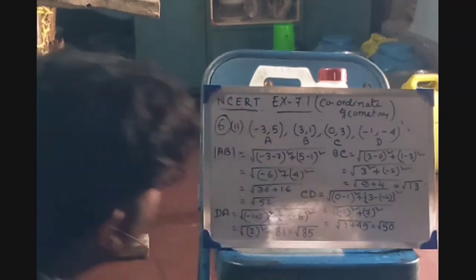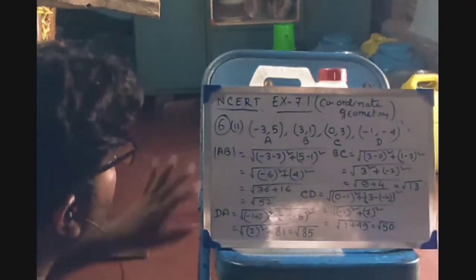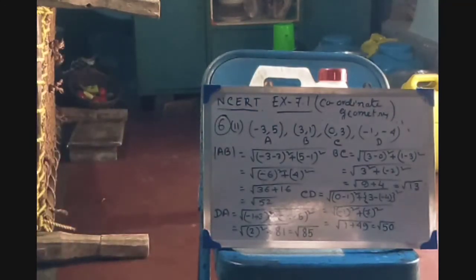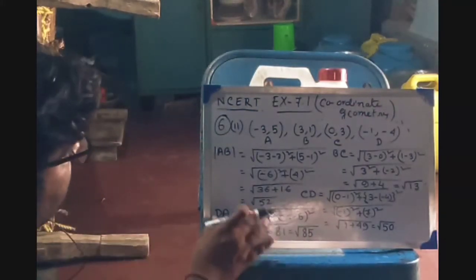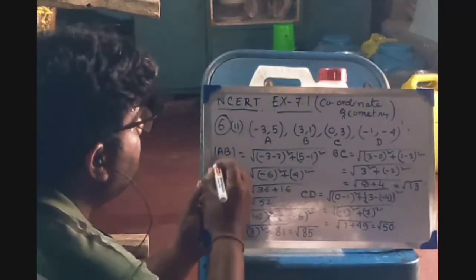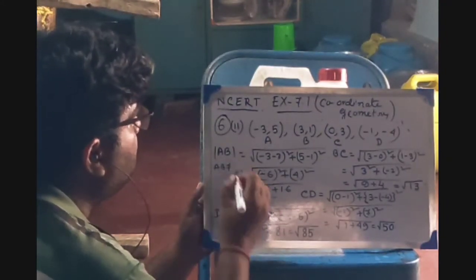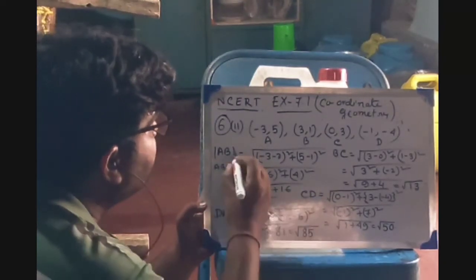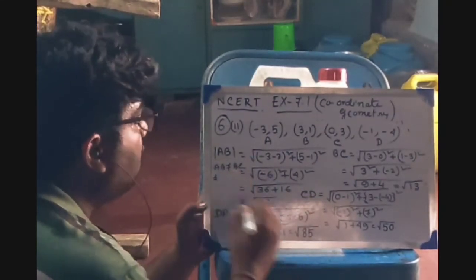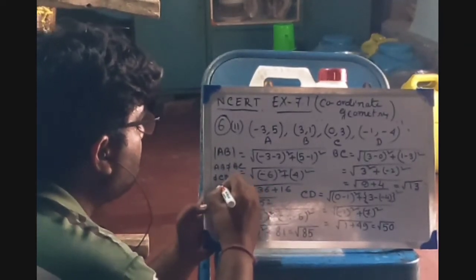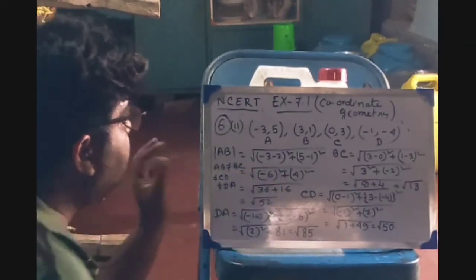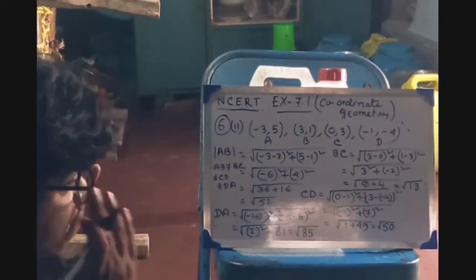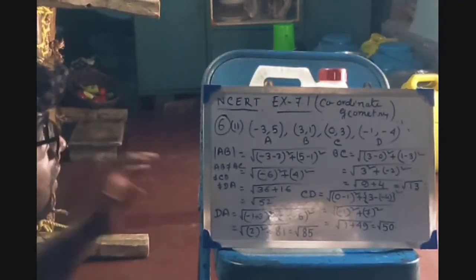So here we can see that it is a quadrilateral. AB is not equal to BC, not equal to CD, not equal to DA. So it is a quadrilateral with all sides unequal.